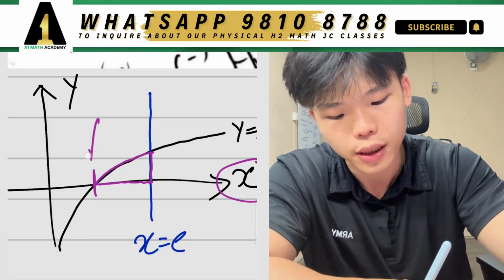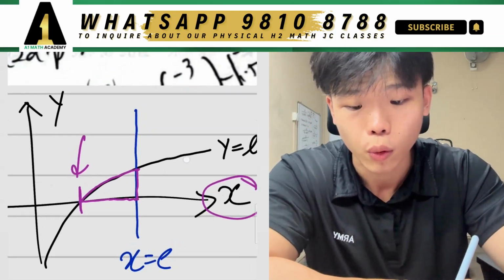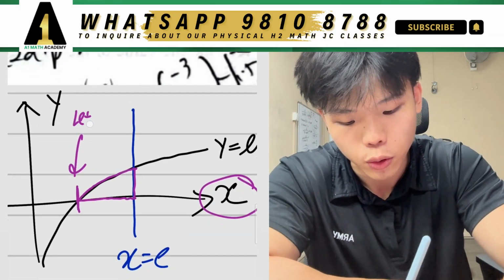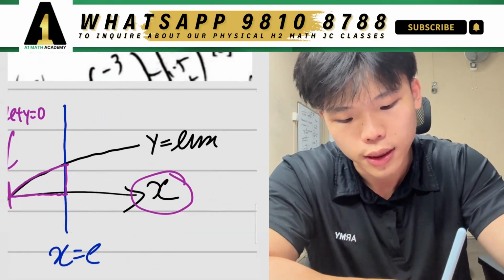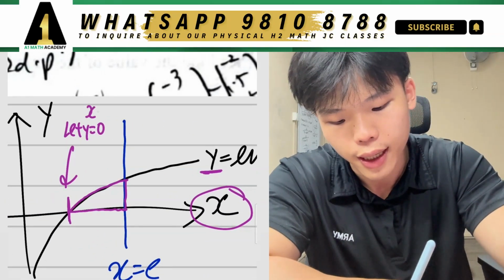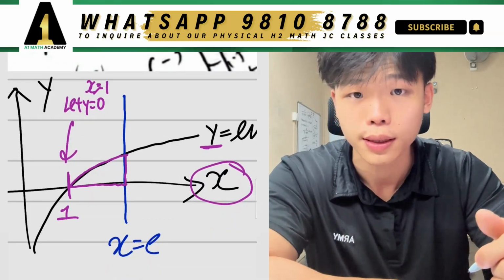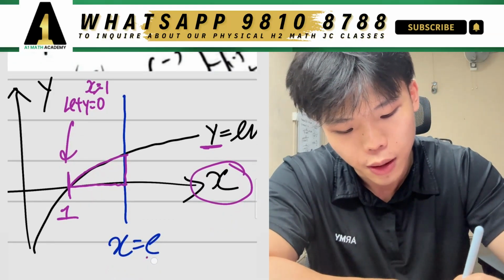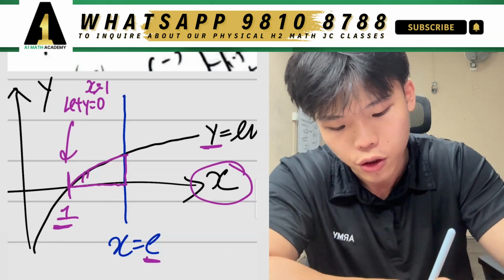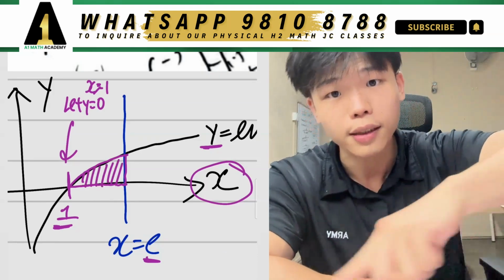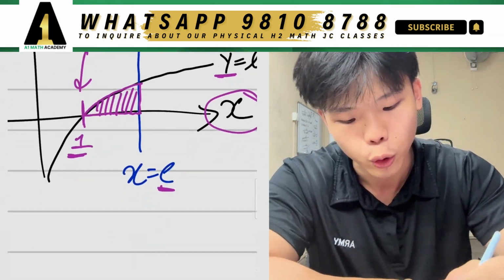So the first thing we need to figure out is what is this x coordinate over here, and it's fairly straightforward. You just need to let y be 0 in this equation, and you will solve that x equals 1. So the upper limit is e, the lower limit is 1, and we are trying to find this and then rotate it about the x-axis. So how do we integrate this?